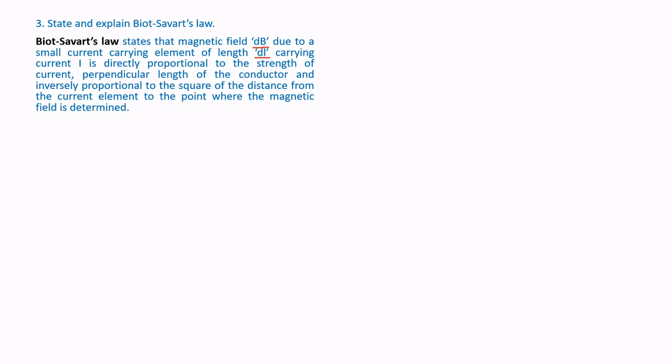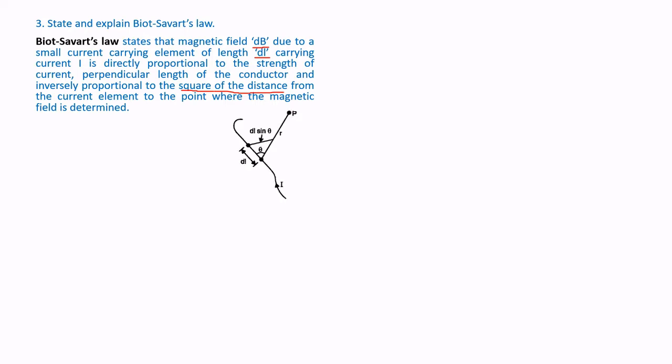So dB is directly proportional to the current I and the perpendicular length of conductor dl, and inversely proportional to the square of the distance. This is Biot-Savart law.